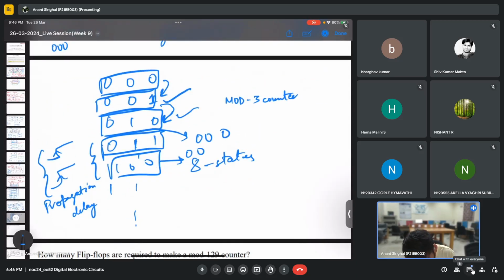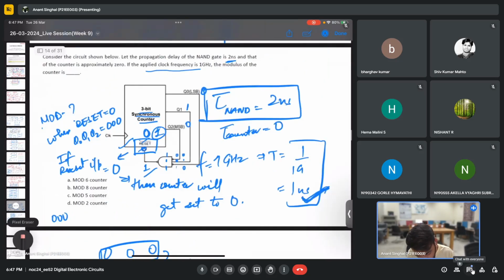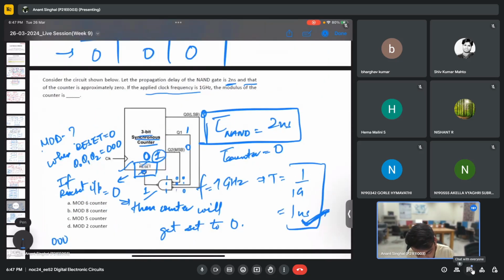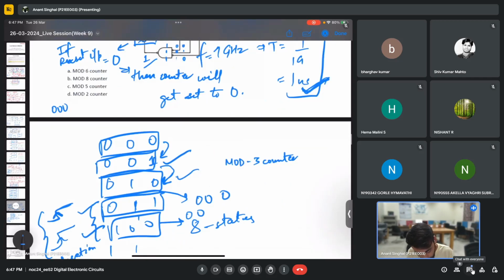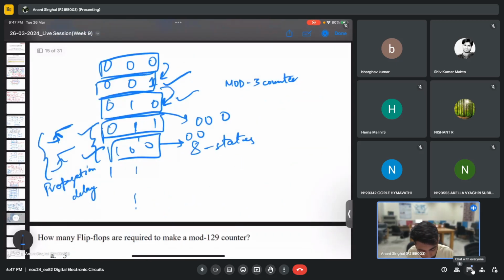Whenever the first nanosecond starts, because of the 2 nanosecond delay, the first pulse will be giving you the output, and then when the second nanosecond starts, the second pulse will be giving you the output. The counter does not have any delay. It is clearly mentioned that the counter delay is approximately 0. So every clock pulse, every 1 nanosecond, you are getting a state. So that is why 2 nanoseconds will be giving you 2 states instead of 1. Is it clear?